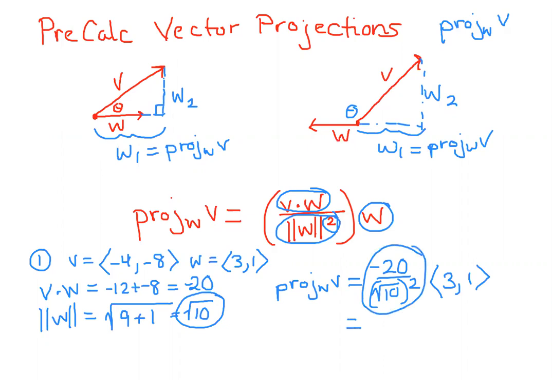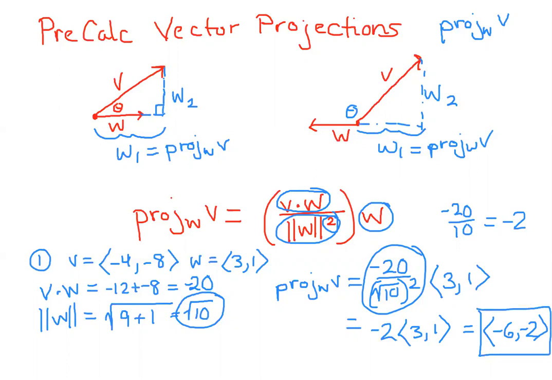What does that reduce to? It's -20 over 10, which is -2. So this becomes -2 times the vector 3, 1, which is -6, -2, and that is your answer. Your answer is a vector.